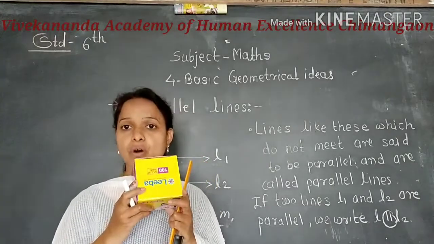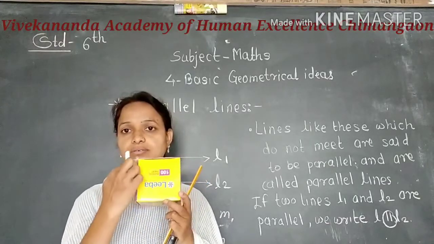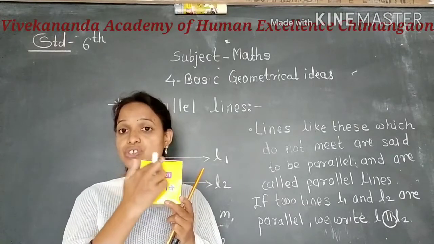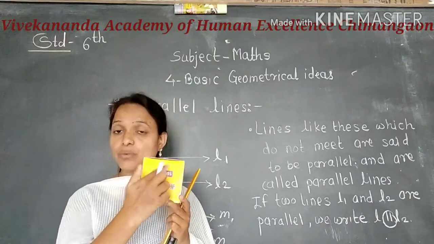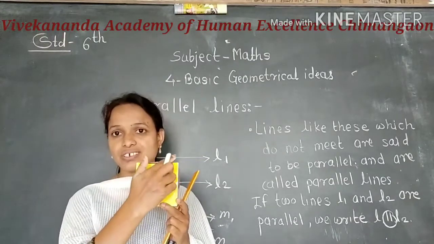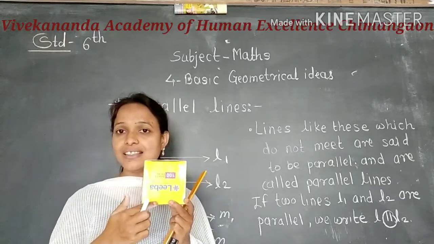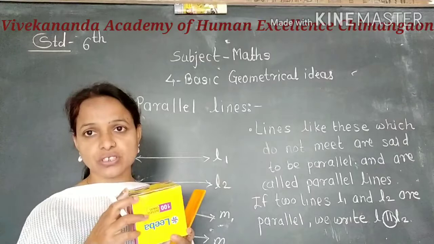See, this is the box. If you observe the edges of this box, these are opposite each other. So, opposite edges of the box are parallel to each other. In the same way, these two, horizontal as well as vertical, are parallel to each other.